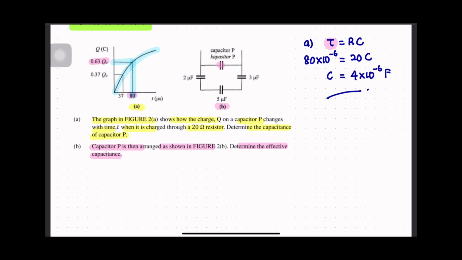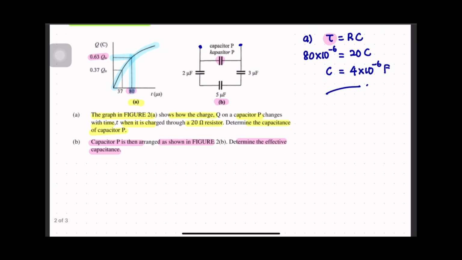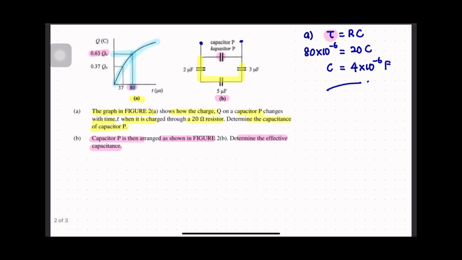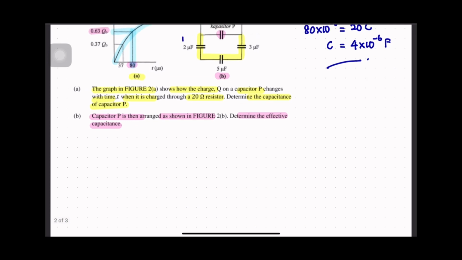Okay, so capacitor P diletak kat sini. Jadi, apa yang kita boleh cakap daripada diagram ni? Okay, so connection dia, supply dia dekat sini. Ni dia punya point sebab dia point to point. Okay, so first kita akan buat yang ni dulu, these three dulu. Dia connection in series. So for B, naming dulu 1, 2, 3, 4.